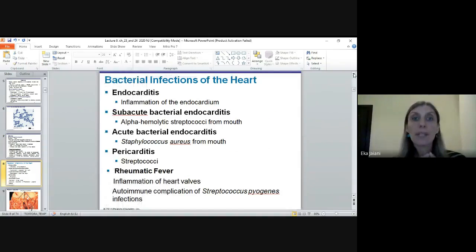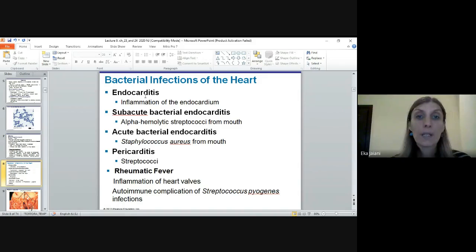And bacteria can cause heart infection. Also, viruses can cause myocarditis or pericarditis. And what is endocarditis? This is inflammation of the endocardium, and it can be caused by bacteria, streptococci for example, or by Staphylococcus aureus.